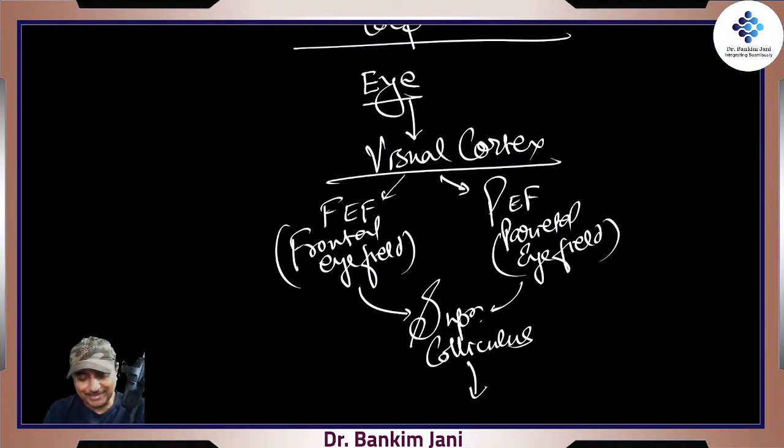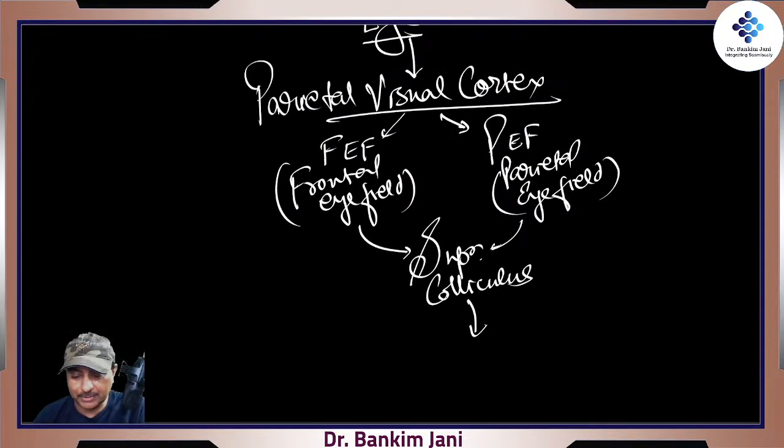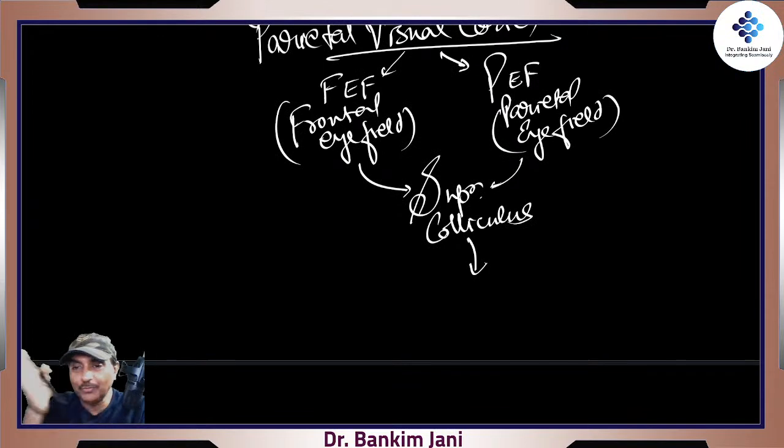But the brain works on that principle. So this is the parietal eye field. The parietal visual cortex will say, chalo, chalo, right? Move your eyes towards that interesting person, right? So from the frontal eye field and parietal eye field, they will fire the superior colliculus, go, right?